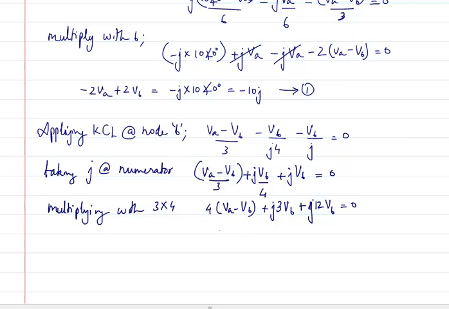Rearranging, I will get 4 VA, then VB, this is minus, so I will get minus 4 for this, and then the imaginary value is plus J15, 3 plus 12 is 15, VB is equal to 0. That is going to be my second equation.